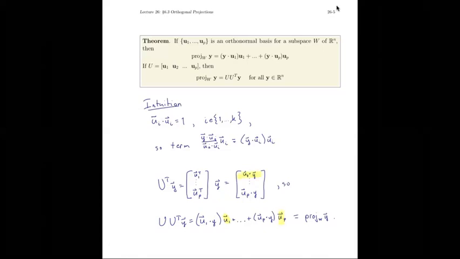It's the column up with weight up dot y. And when I look at what this formula is, I realize, well, that's exactly what my projection formula above is. So yet another way to calculate the projection of y onto W, or at least another way to write it, is to write it as U times U transpose times y, where U is the matrix whose columns are our orthonormal basis vectors. So just more tools for writing these projections or calculating them.